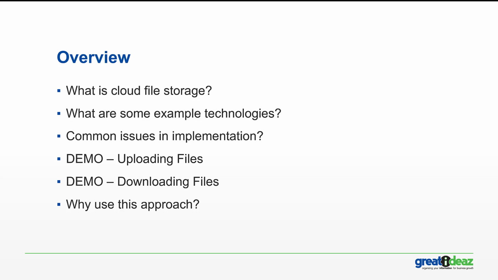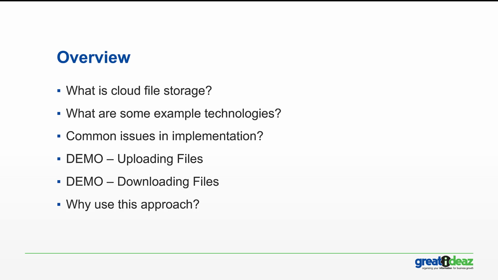We're going to talk about some of the example technologies that are involved in cloud file storage, and we're going to look at some of the common issues we've seen in implementation of projects over the decades, in ways that people have tried to connect to cloud file storage in the past, which have introduced vulnerabilities into their applications.